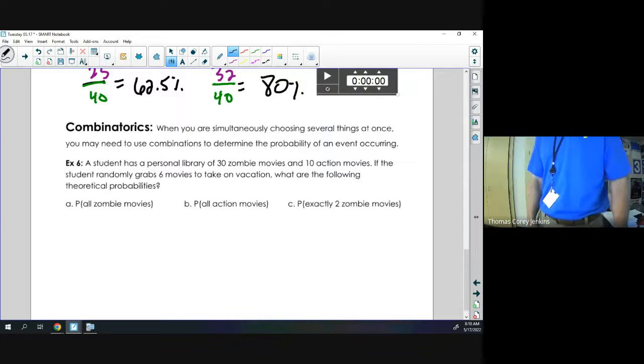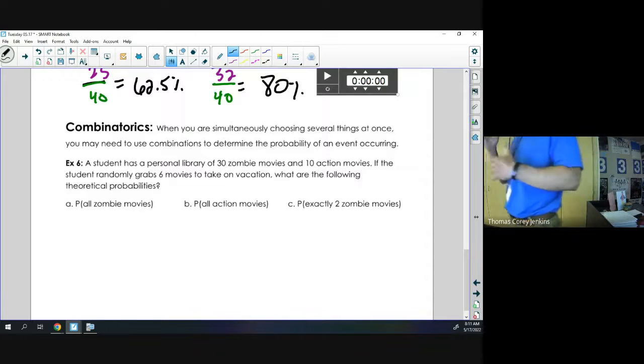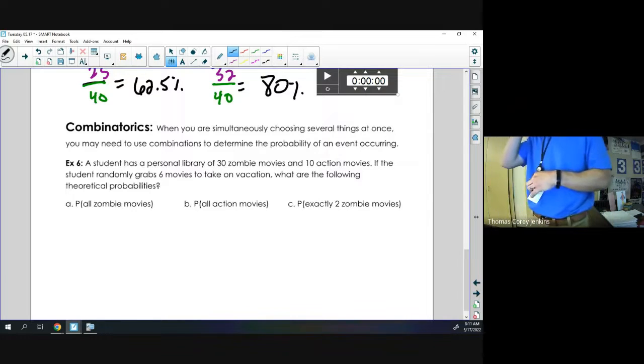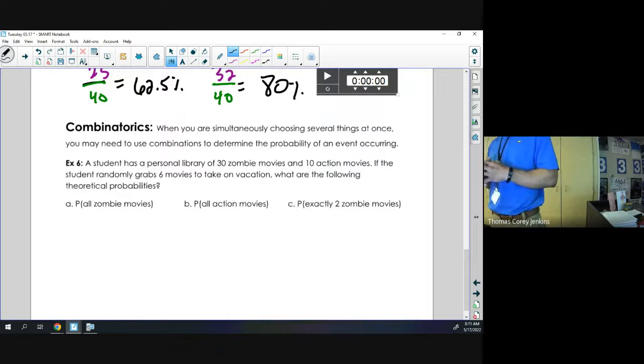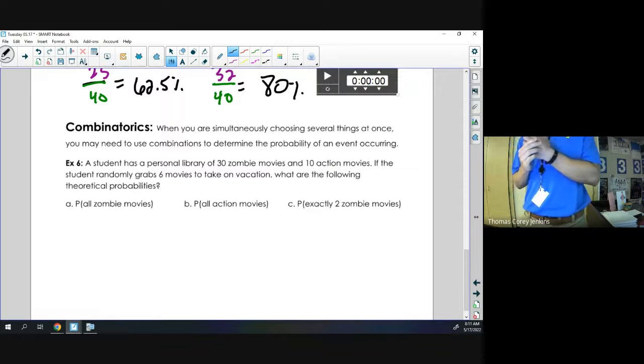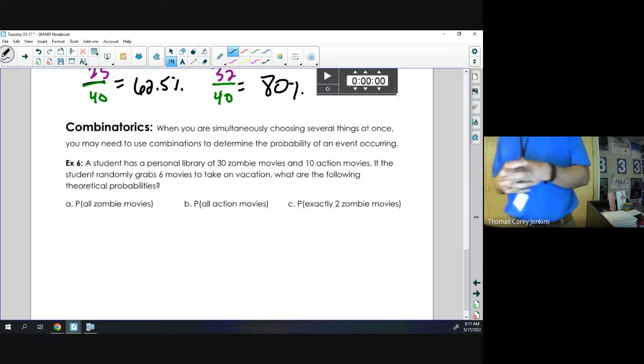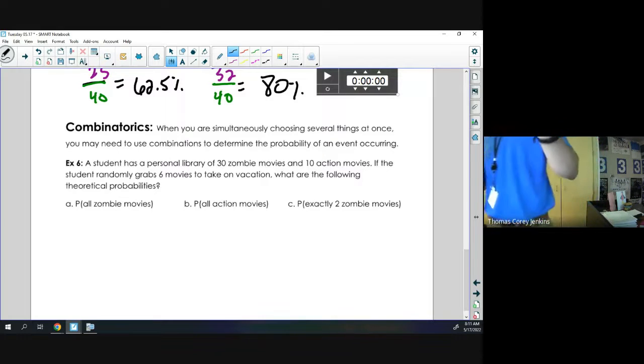Anybody have any questions? All right, if there is anything that's a little bit difficult on this lesson, it's this example 6. So when we're picking out a handful of stuff, this will go back to what we did yesterday. I've actually never heard of this term till I was looking over these notes, combinatorics. And I've never really worked these problems out the way that they do in the book.